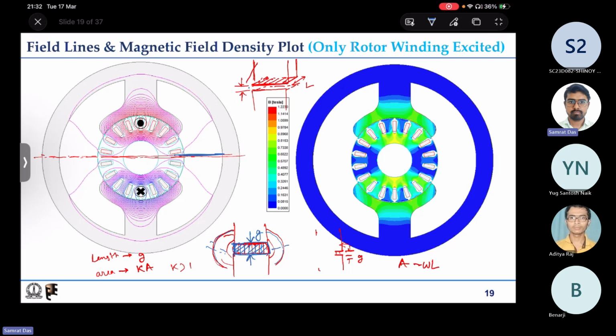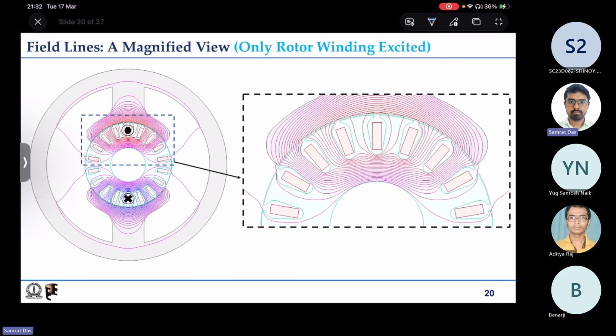Only in those cases does our magnetic circuit approximation hold good. We can quickly come up with flux density, magnetic field intensity, all these things only if our magnetic circuit approximations hold good. What are the magnetic circuit approximations?